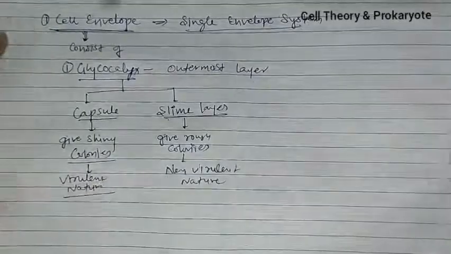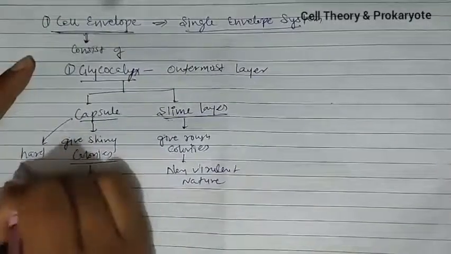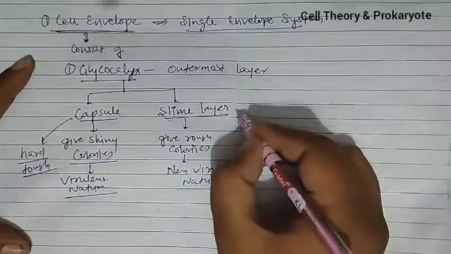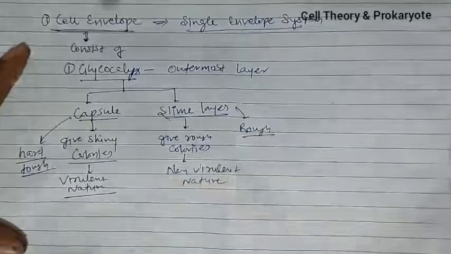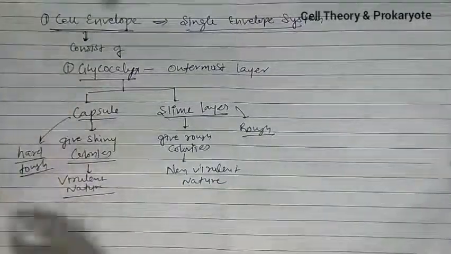Now this capsule is hard or tough, because of this they give a particular colony. So this is the characteristic of glycocalyx.